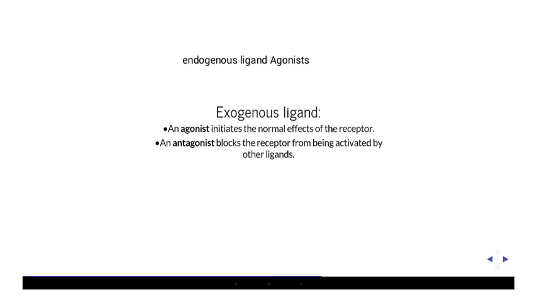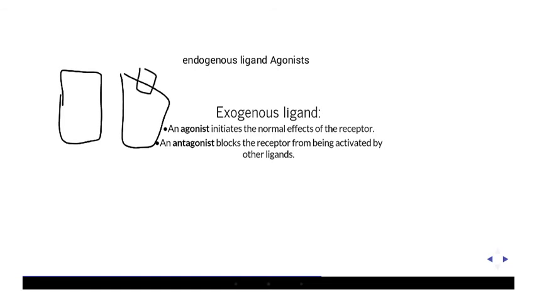Sometimes drugs are called competitive antagonists. We talked about the receptor being a lock and key type of mechanism, right? So think about if you have a key that fits a lock. In the case of an endogenous ligand, we have a particular ability to bind that receptor.